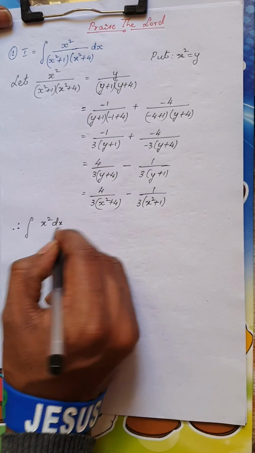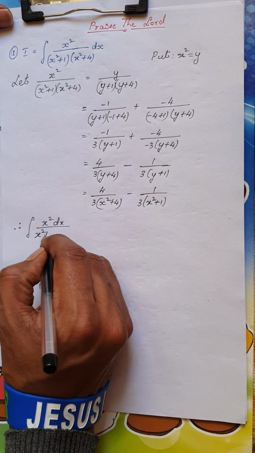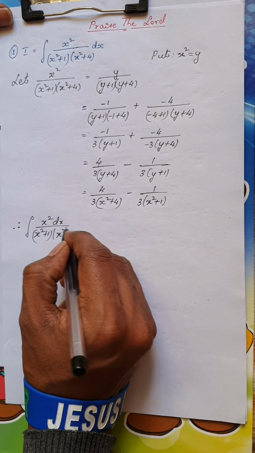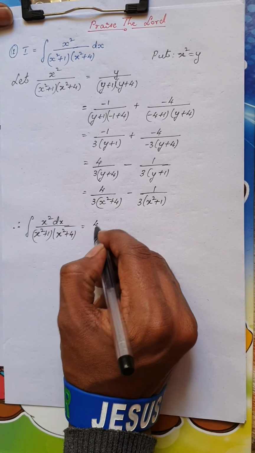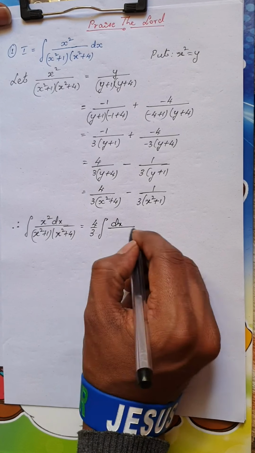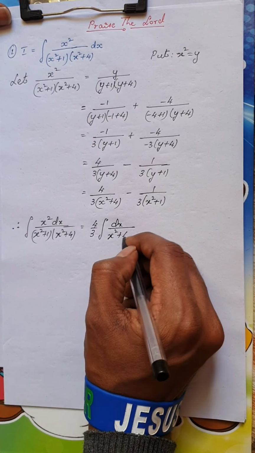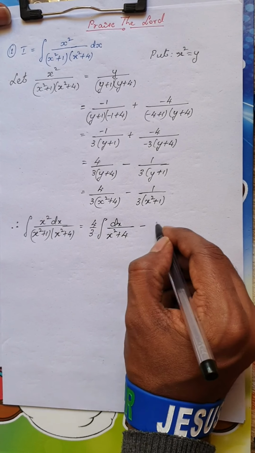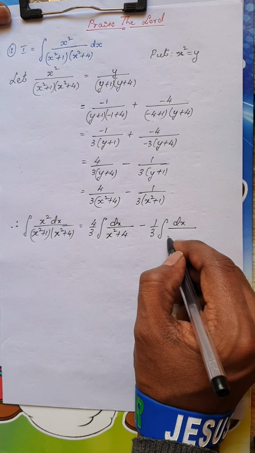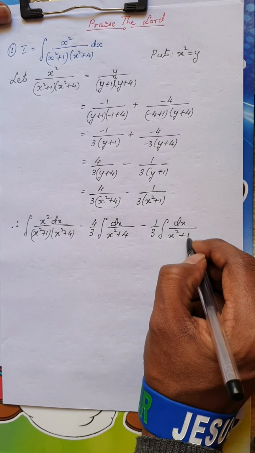The integral of x square divided by x square plus 1 into x square plus 4 can be written as, let me keep this constant outside, 4 by 3 into the integral of dx divided by x square plus 4, minus 1 by 3, which is a constant, into the integral of dx divided by x square plus 1.